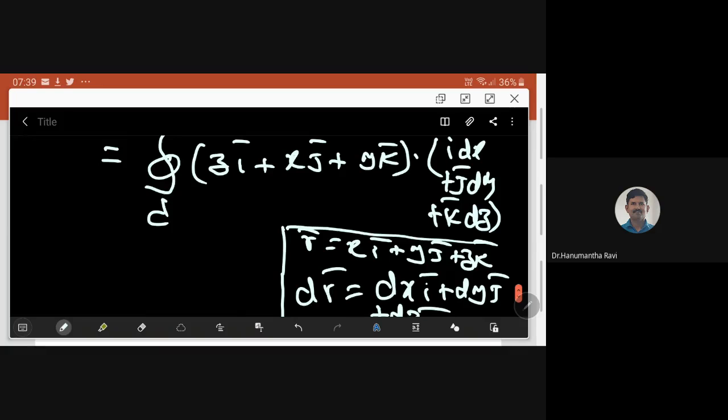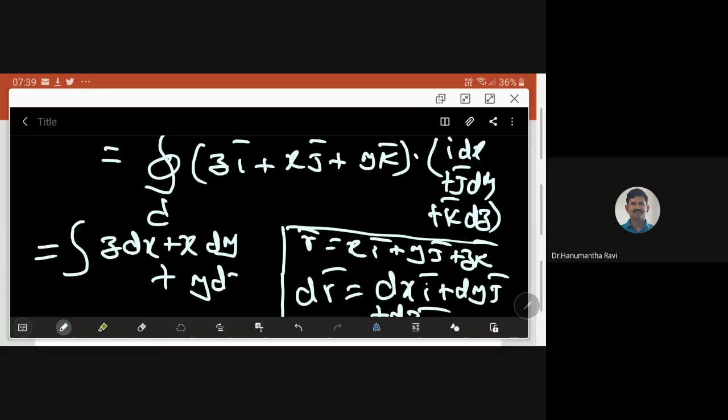Now, if we calculate these things, how does the integrand look now? z dx plus x dy plus y dz. Remember, this is a line integral. In this integrand, you have x, y, z, but all are interlinked.